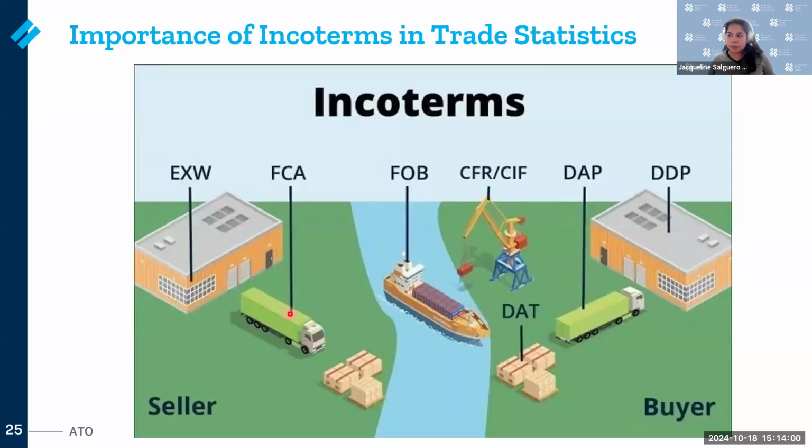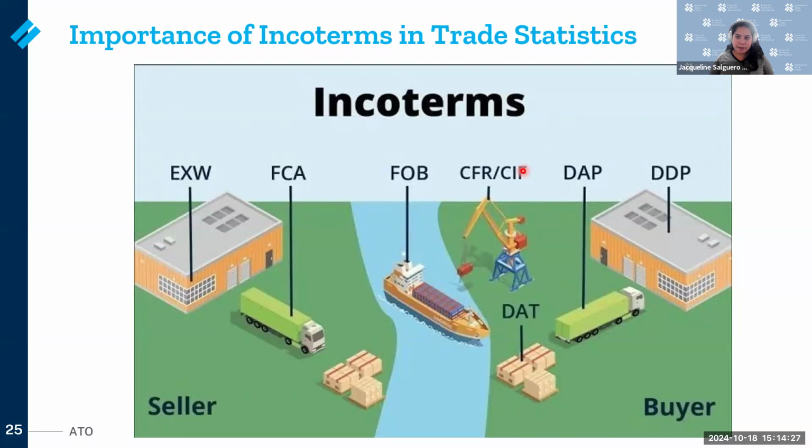When the box gets into the truck to be transported to the port, I will charge the transport of this box to the port, and I will call that FCA price. When it crosses onto a ship, it will be called FOB price. If it arrives at the other border, it will be called CIF price.